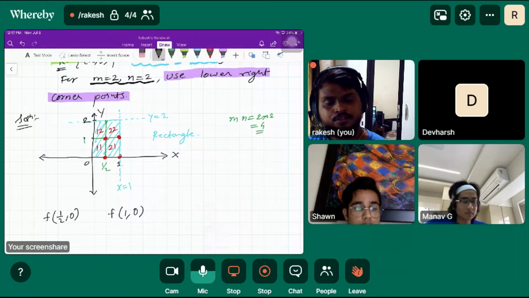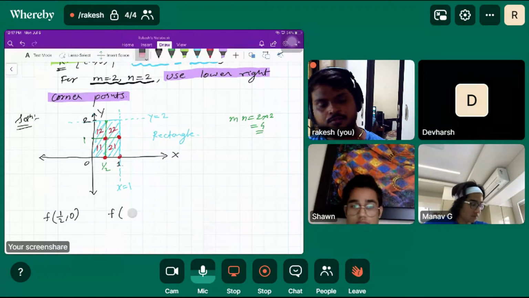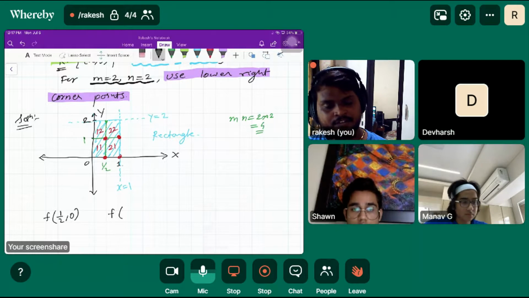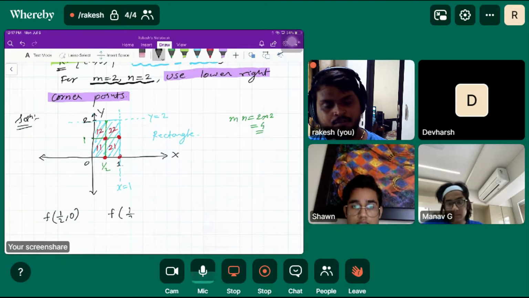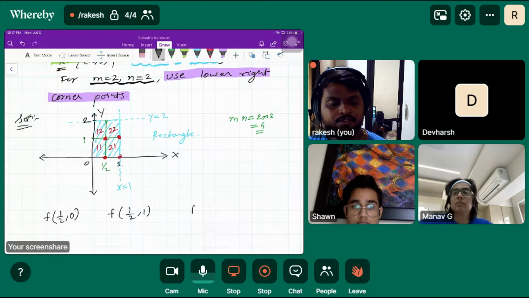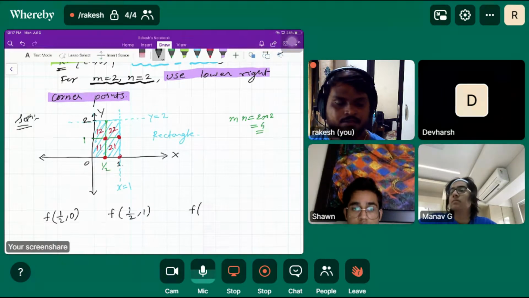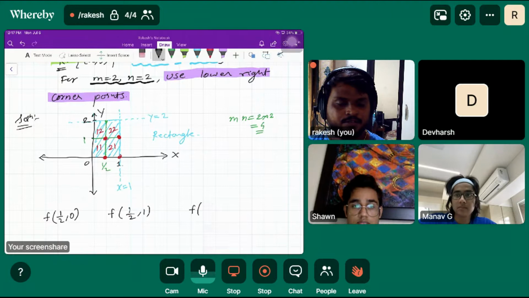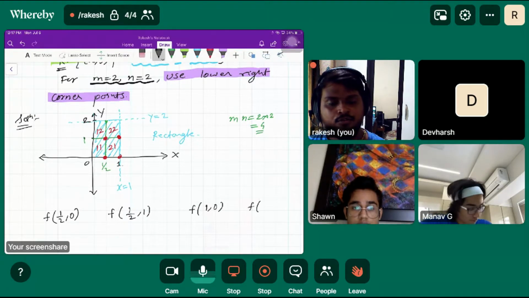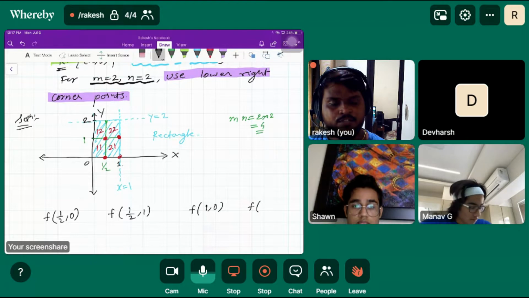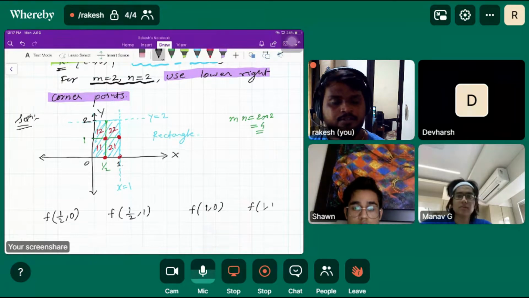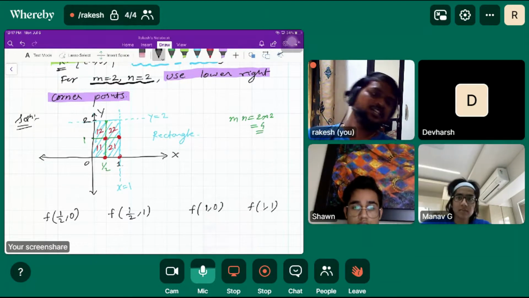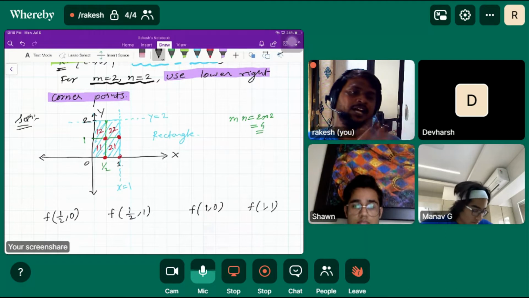If you want to go in order, we can do that also. For the 1 2 rectangle, the height would be f of half comma 1. This will also give you the height of 2 1, which is 1 comma 0, and the height of the 2 2 rectangle is basically f of 1 comma 1. So these are the 4 heights, the heights of the cuboids.